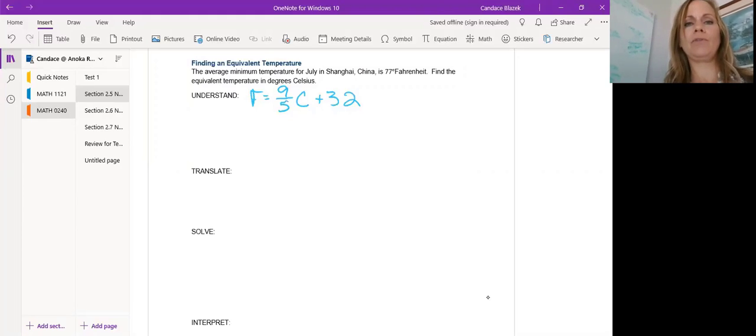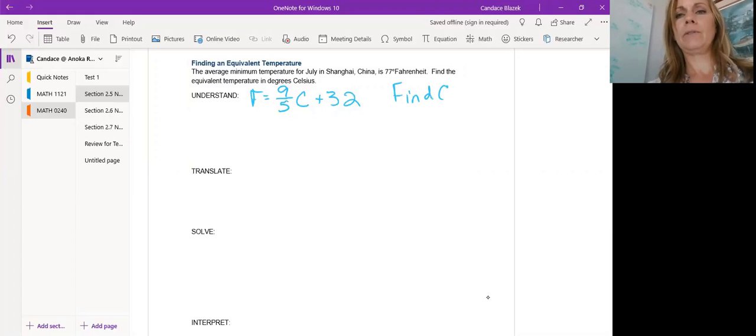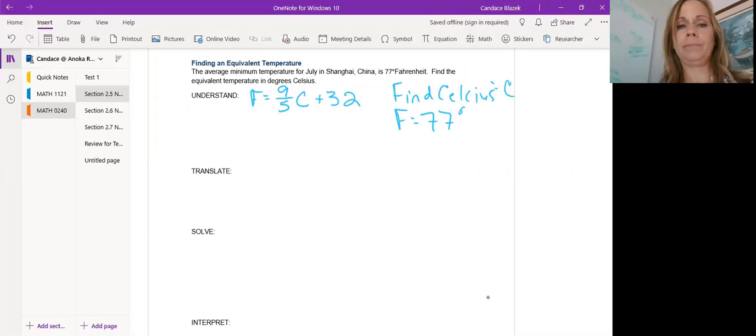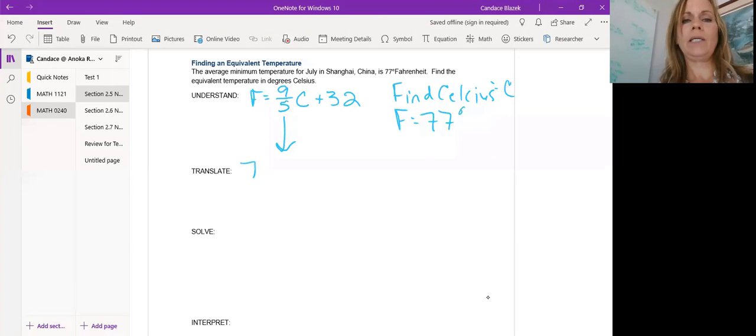All right, so we have this formula. We want to find Celsius, which is our C, and we're given F, which is 77 degrees Fahrenheit. So we're going to put the information we know into that formula. Using the formula that we have, 77 is equal to 9/5 times Celsius plus 32.